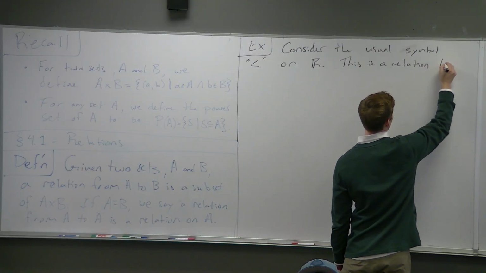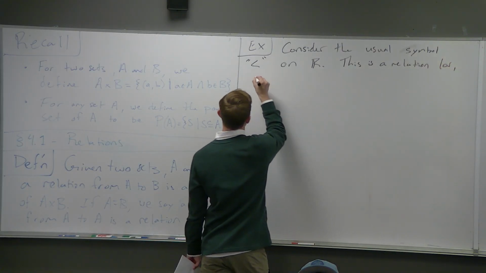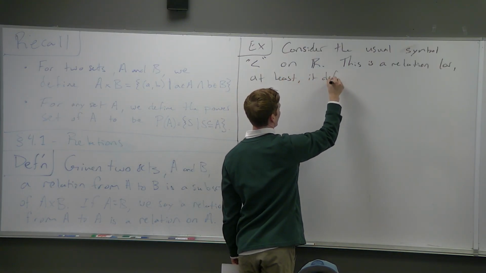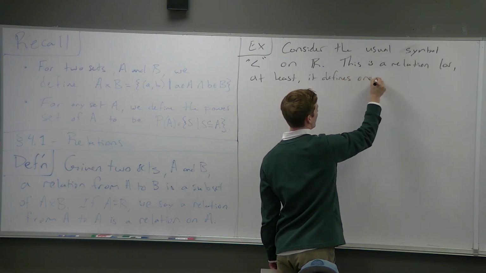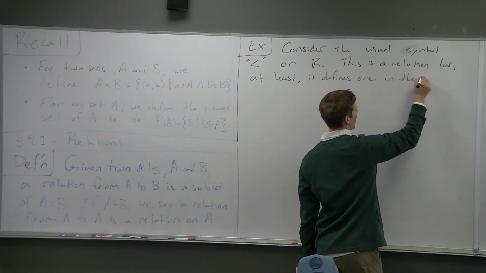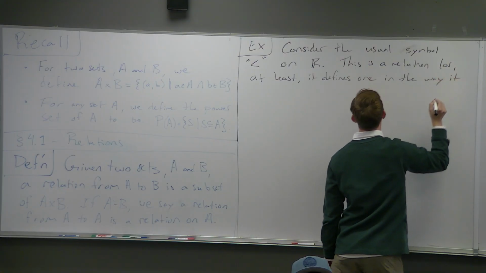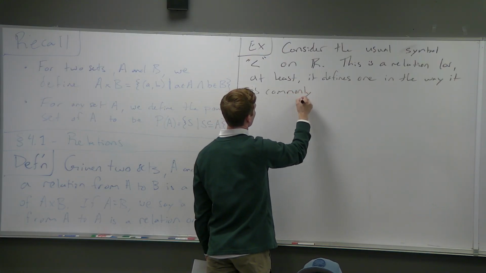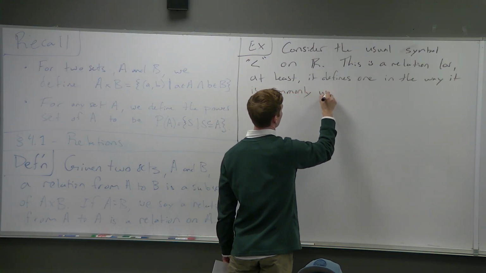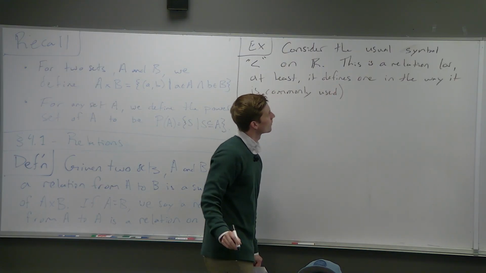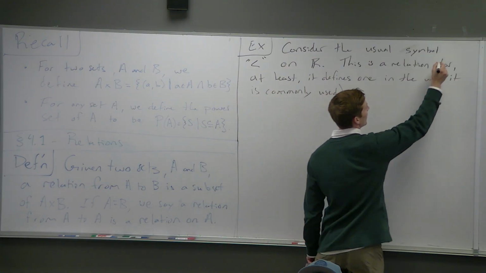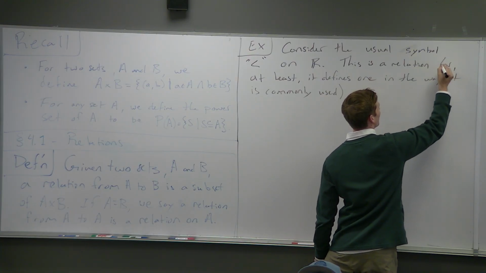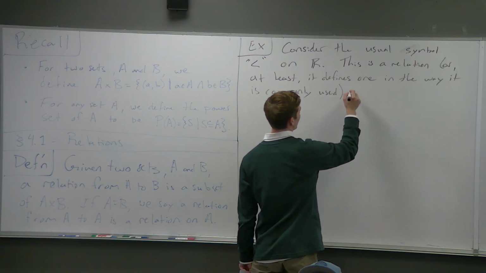This is a relation, or at least it defines one, in the way it is commonly used. It's a parenthesis, it's not like an L right there, just to be clear. Very bad handwriting right there.